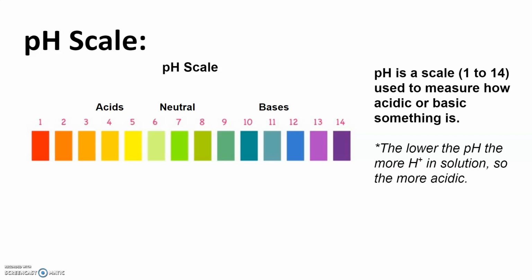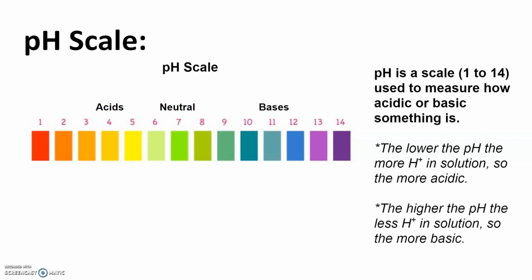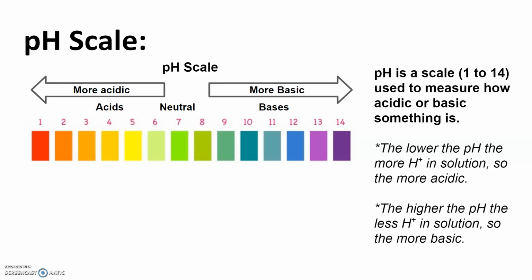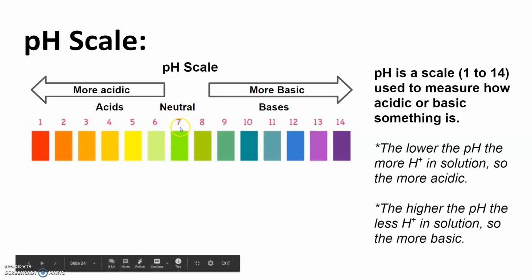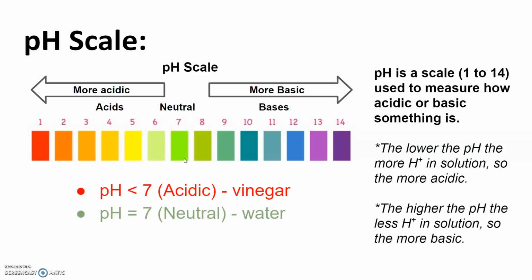So the lower the pH, the more H+ in that solution, the more acidic. The higher the pH, the less H+ in the solution, so the more basic. So the key thing to remember is that the lower the pH, the more acidic, and the higher the pH, the more basic. And neutral substances would have a pH of 7. So pH less than 7 is acidic, pH equal to 7 is neutral, pH greater than 7 is basic.